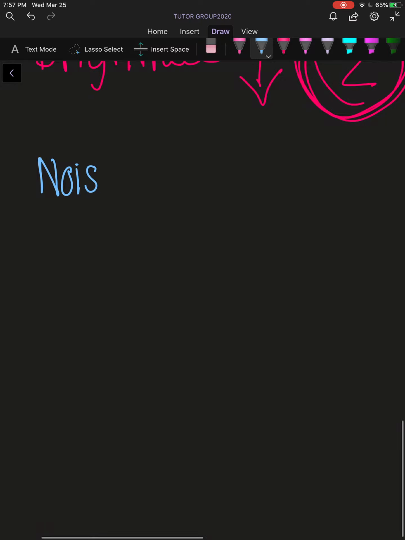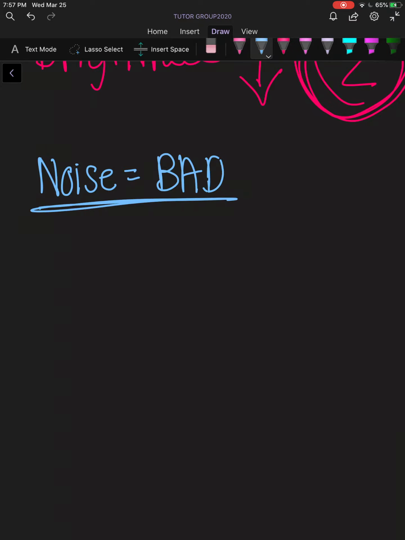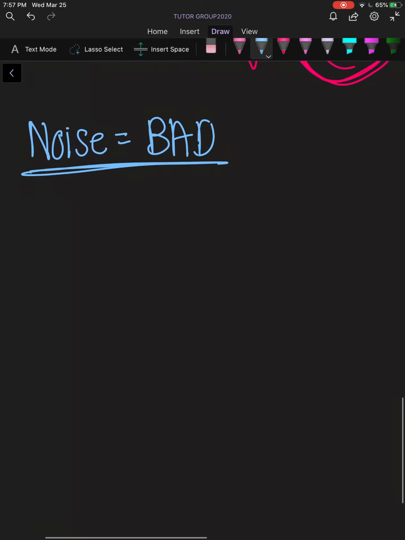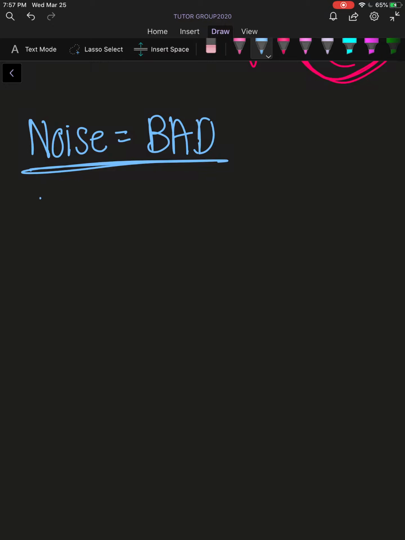Now, when we're getting to noise, we know that we said earlier that noise is bad, correct? So noise equals bad. We know that noise is created by scatter.